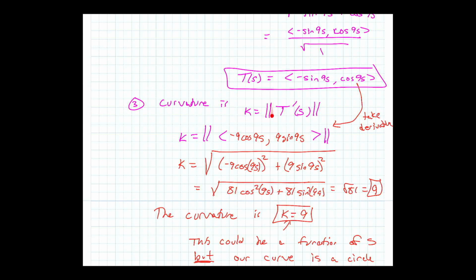Because kappa is the magnitude of the derivative of the tangent, but the tangent was the derivative of the curve, basically. So this is the second derivative of the curve with some other stuff thrown in to make the magnitude 1, the unit tangent. Anyway, you can calculate it. It's just a little bit of work.